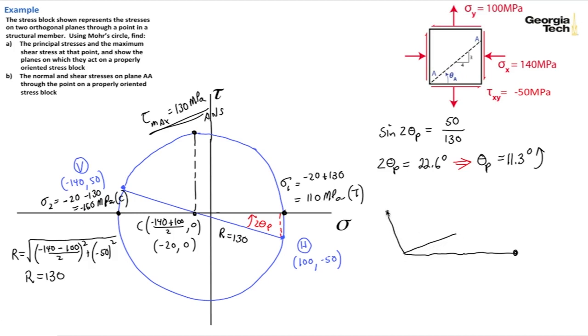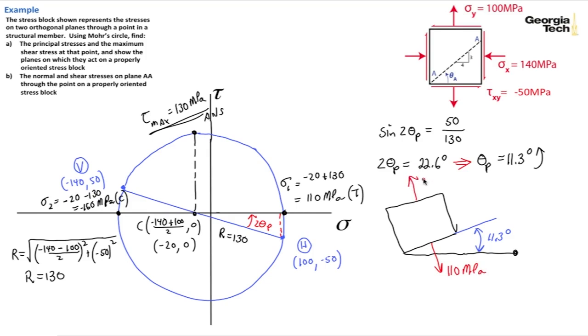So here's our stress block, turned from the position that we see here. This angle is 11.3 degrees. And on this horizontal face, we have a tensile principal stress of 110 megapascals.